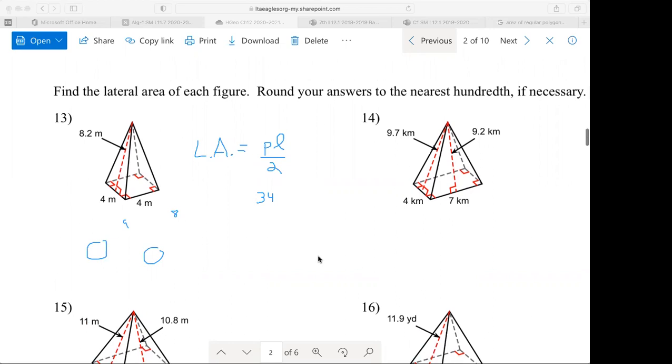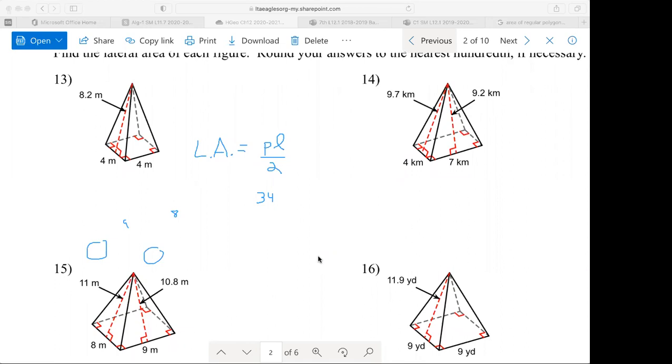Just so you know how you would handle this, it's not a mistake. It's not a square, it's a rectangle. You would have to do two separate calculations, one for two of the sides and then one for the other two sides. You'd still get the lateral area though. It wouldn't be PL divided by 2. It would be half of the perimeter times slant height divided by 2, plus the other half.